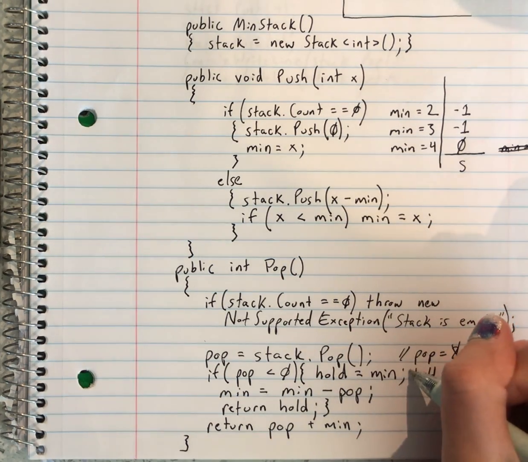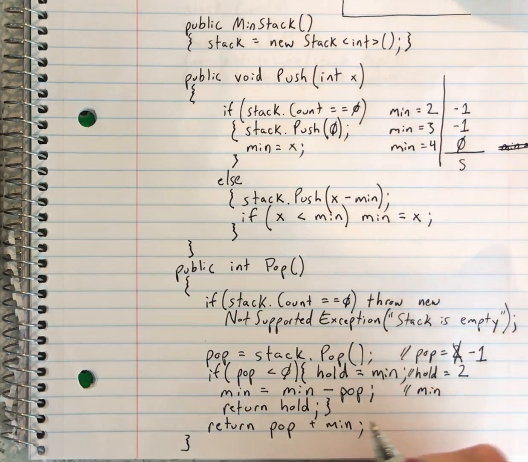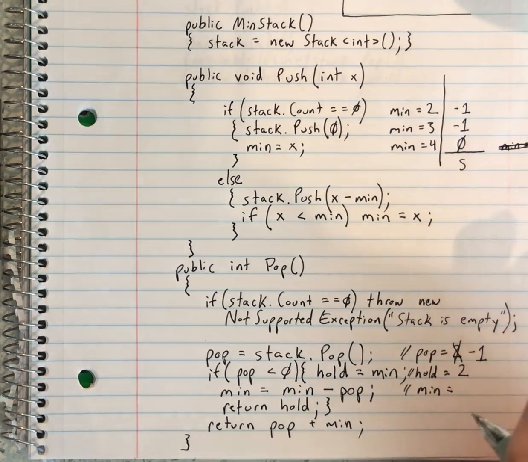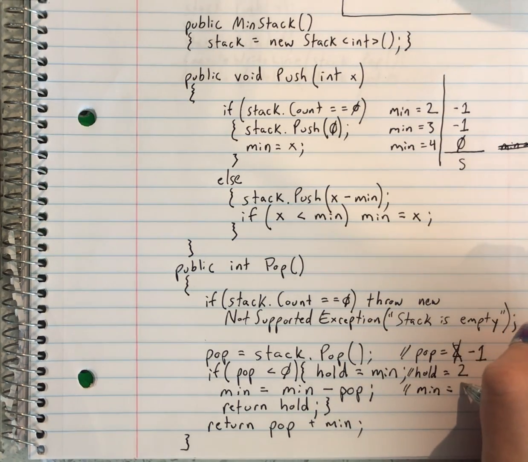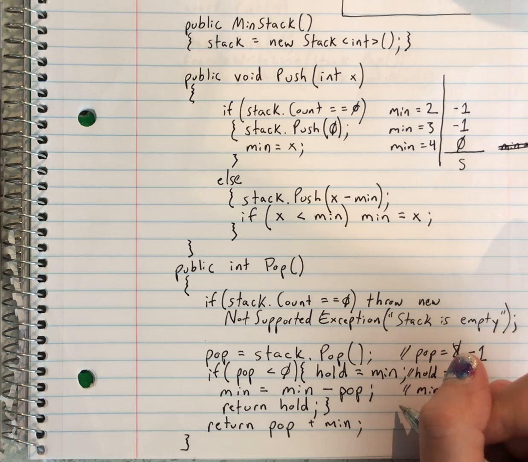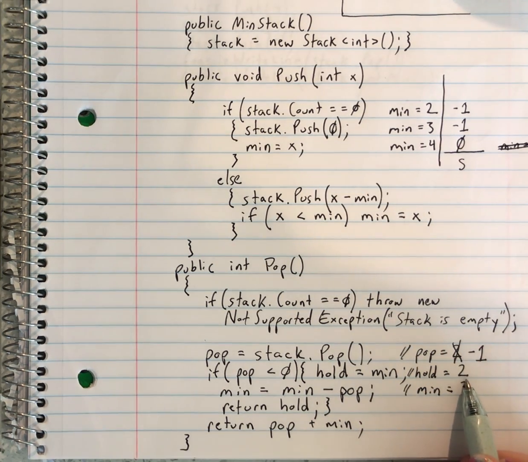Min is now assigned to be 2 minus -1. So the difference between the current min and the popped value. Min is now assigned to be 2 minus -1, which is 3. Awesome, that's what we want. And now we will return hold, which is 2.